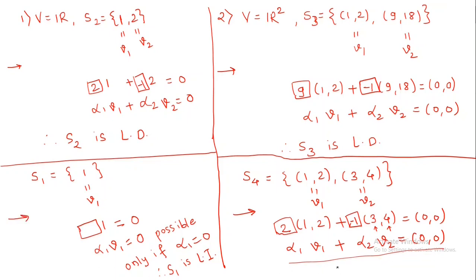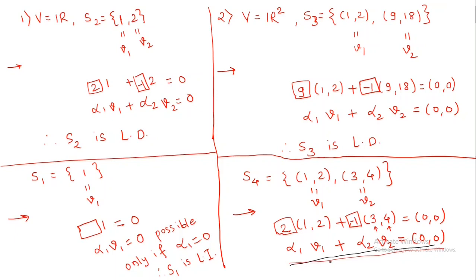Whatever calculations we have done here imply that we are not able to find alpha 1 and alpha 2 not both 0 such that alpha 1 V1 plus alpha 2 V2 is equal to 0 comma 0. It means that the possible values of alpha 1 and alpha 2 such that this is happening should be what? 0 only.